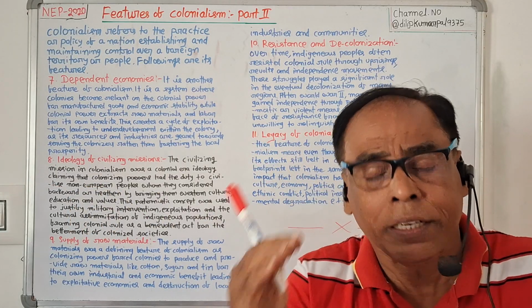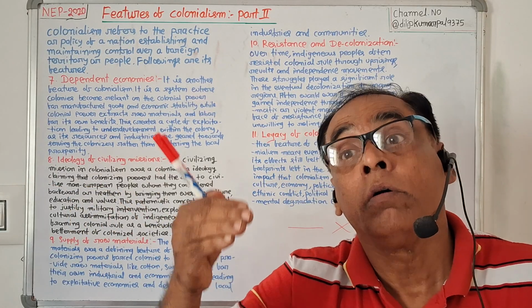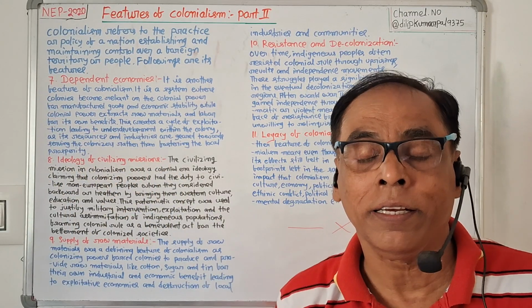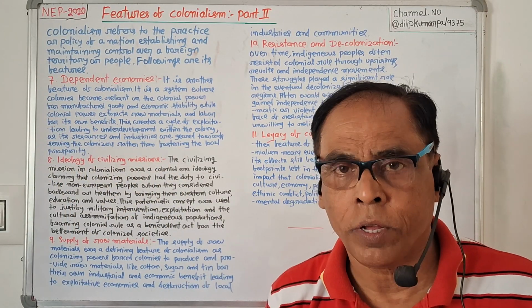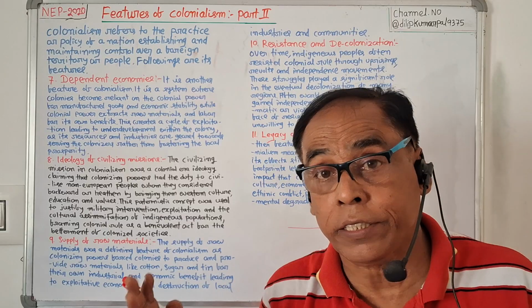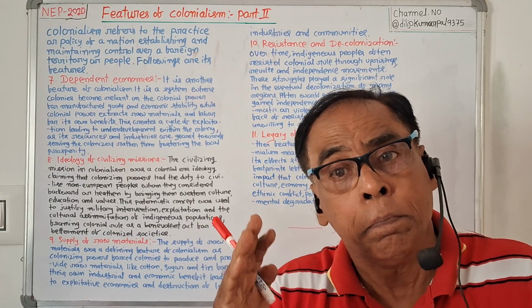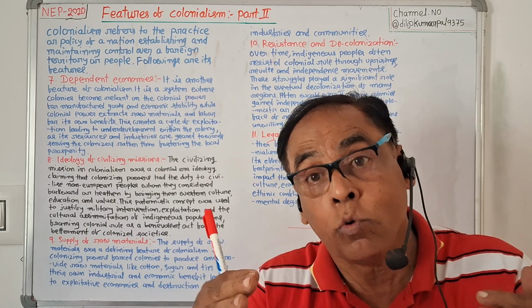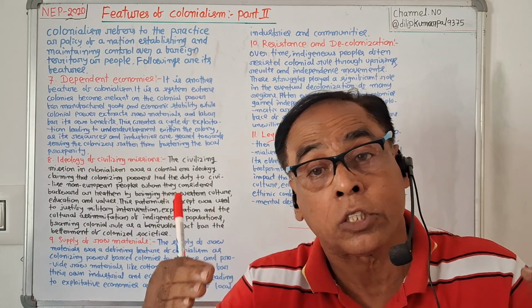So whenever a country controls foreign land or people of a foreign country, it is known as colonialism. And colonialism has some features. In Colonialism Part 1, I discussed 6 important features, and in Part 2, I will discuss some more.